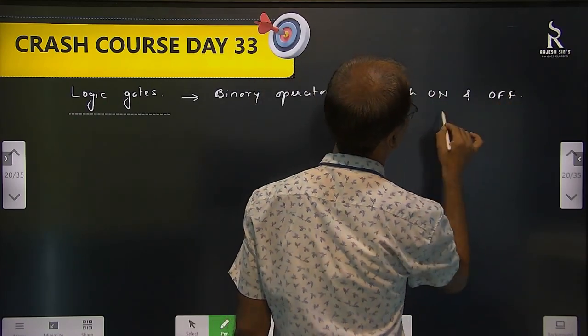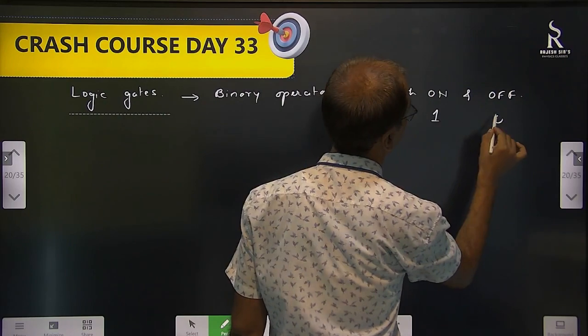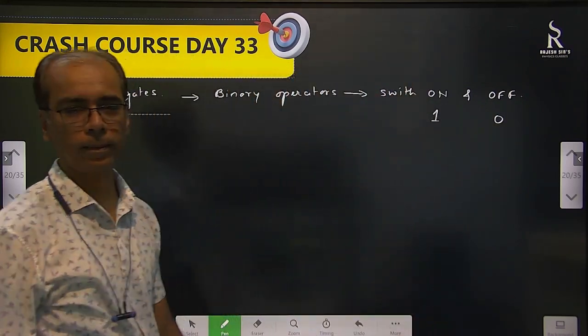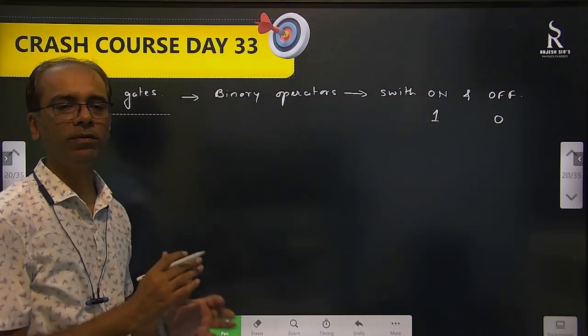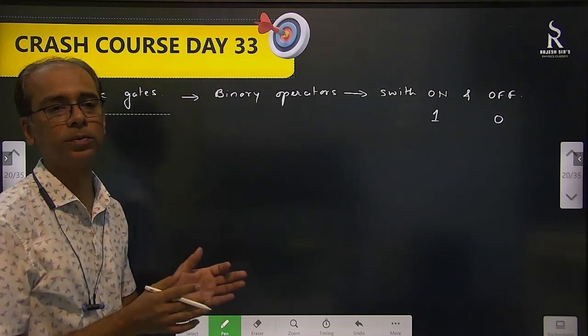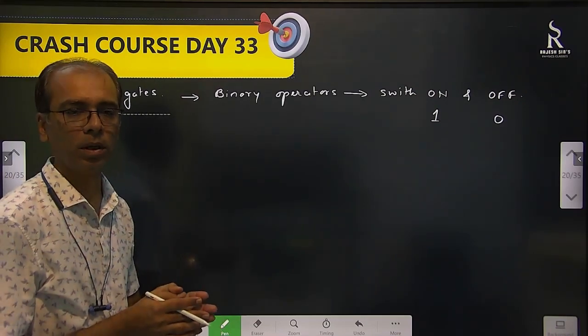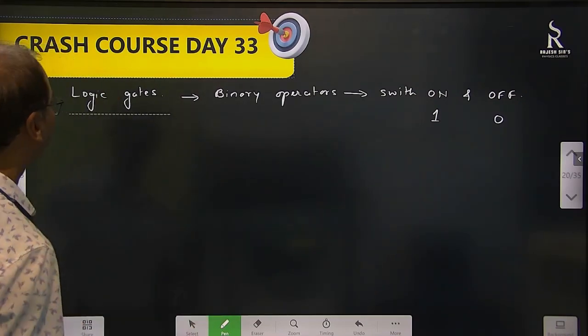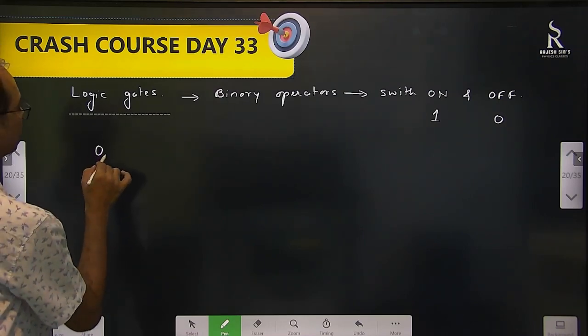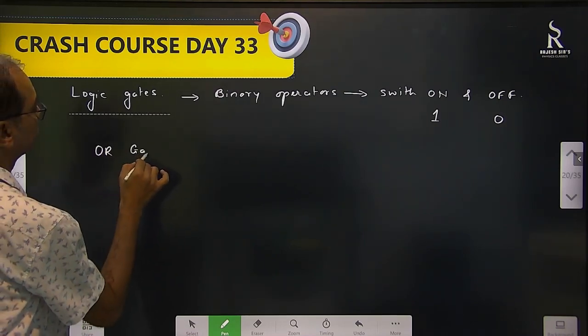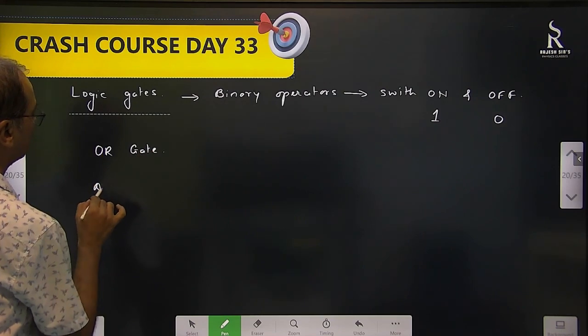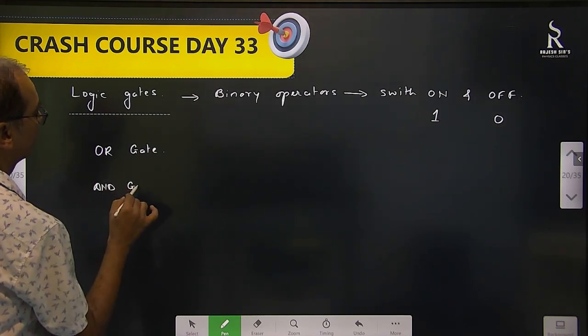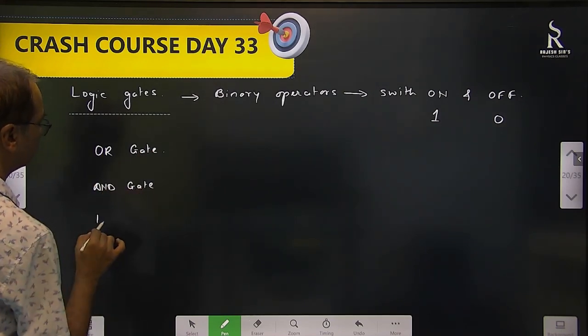And we represent this with 1 and this with 0. Okay, logically we place them in a circuit so that it works properly. Okay, so three types of logic gates we have. We have the OR gate, we have the AND gate, and we have the NOT gate.